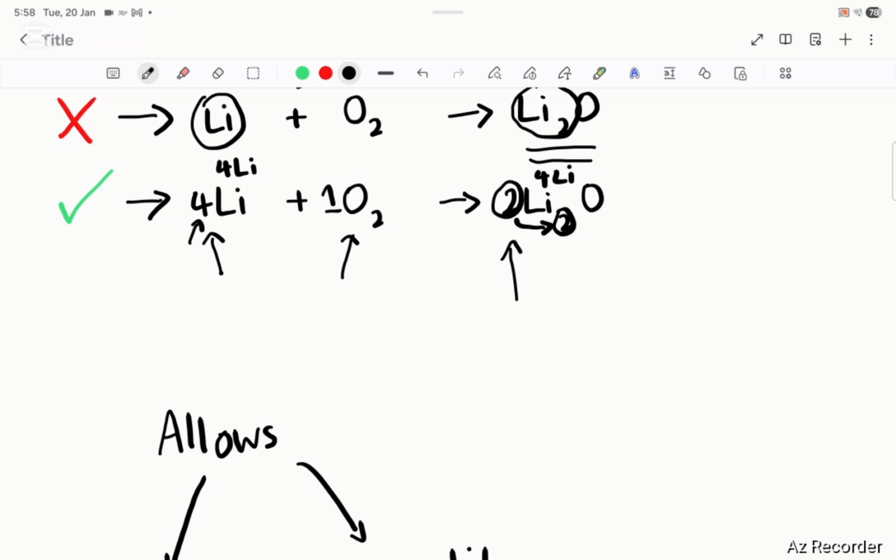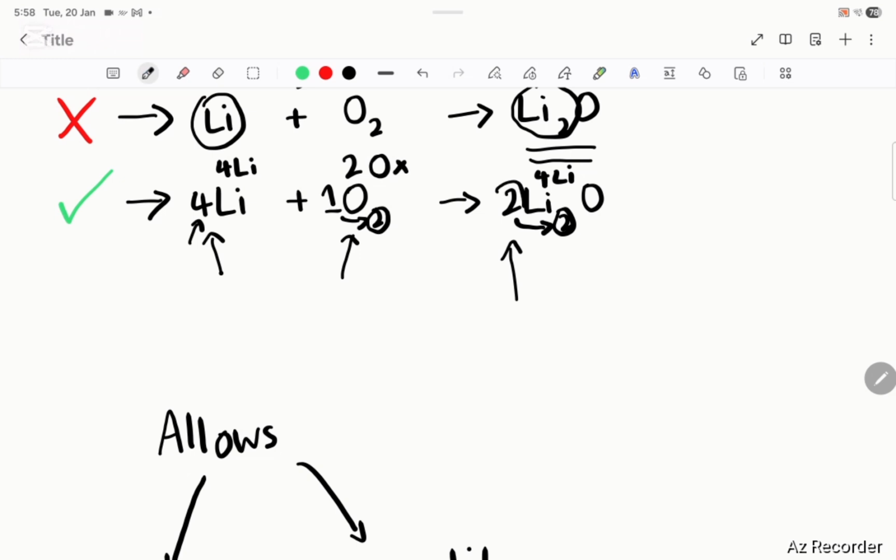Let's look at oxygen. On the left side there is 1 multiplied by 2, or basically just 2 oxygen atoms on the left side. Let's look at the right side.